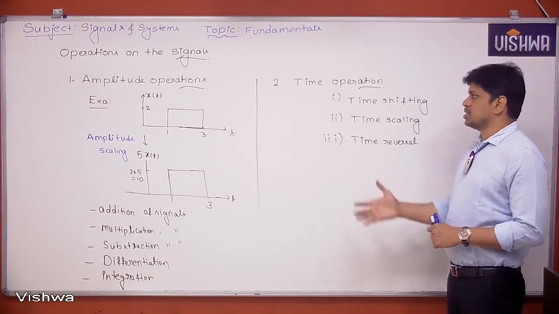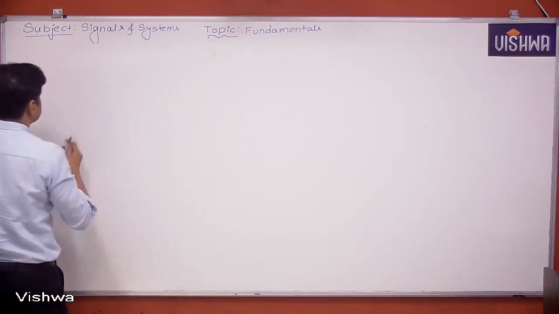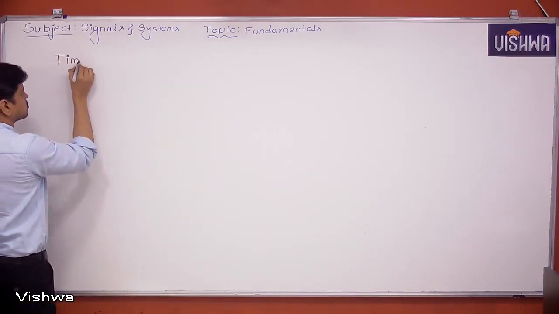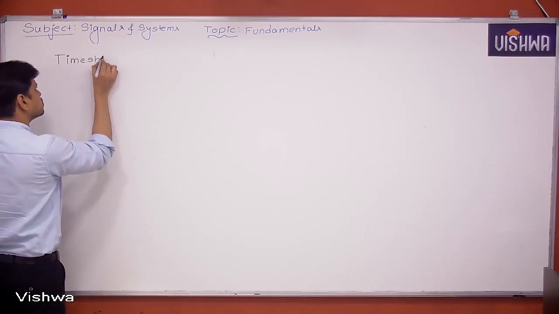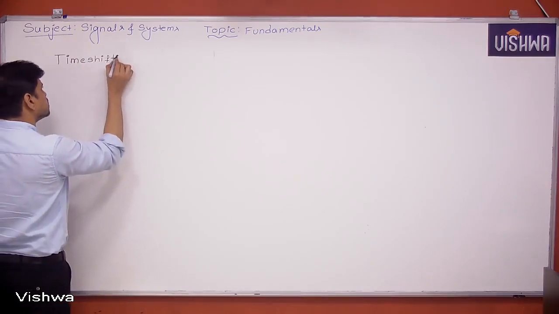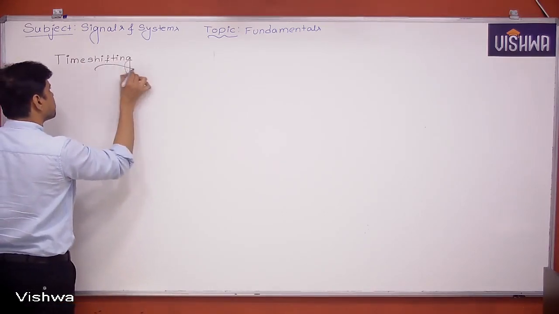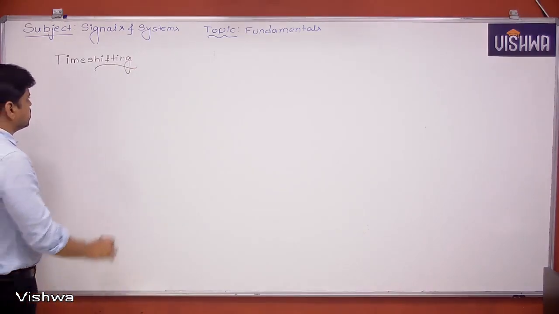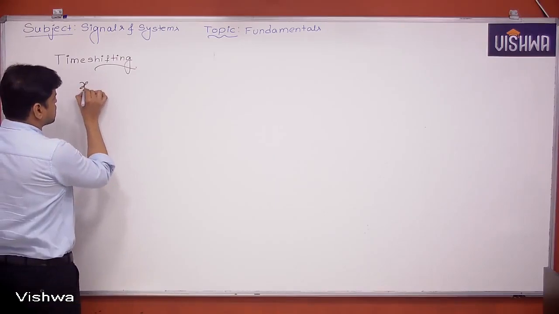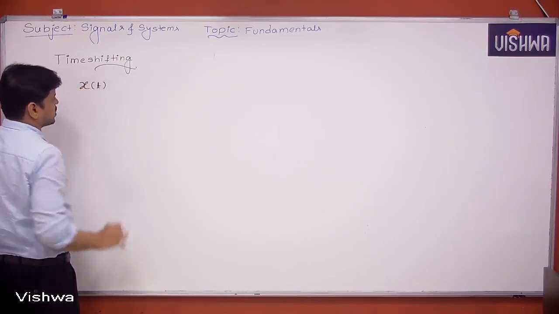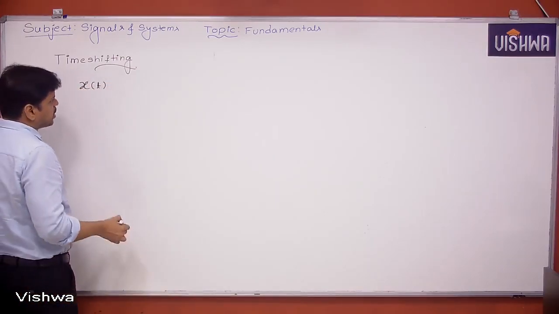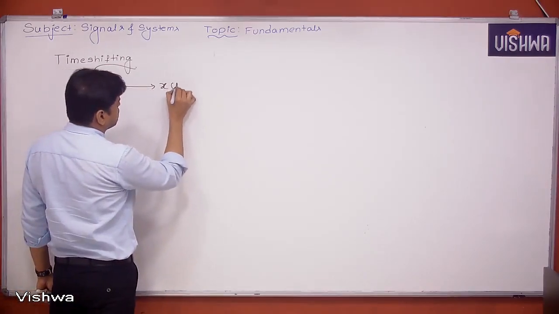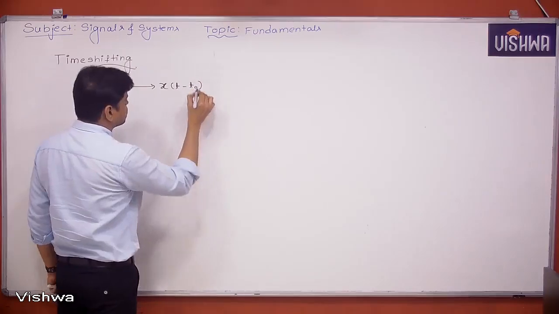Just take this one. Time shifting operation. Let's say you know a signal x of t. From that we have to find another signal, which is x of t minus t naught.